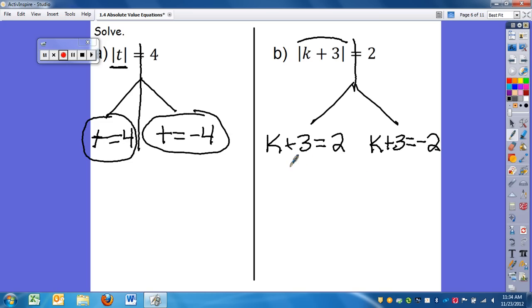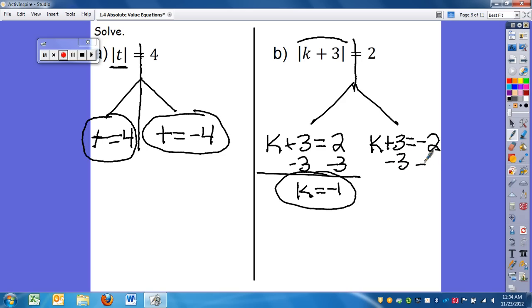From here, I'm going to solve each one separately. So I'm going to minus 3. So k equals negative 1. That's one of my solutions. And minus 3 in this one. And now k equals negative 5. Again, I can plug both of these answers back in to check to see if it makes a statement true.